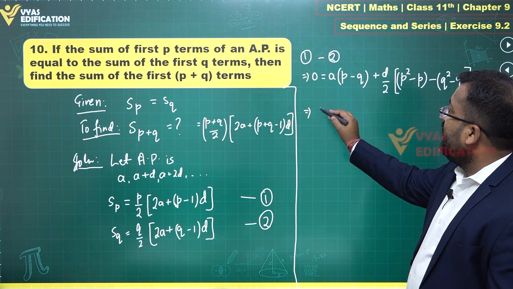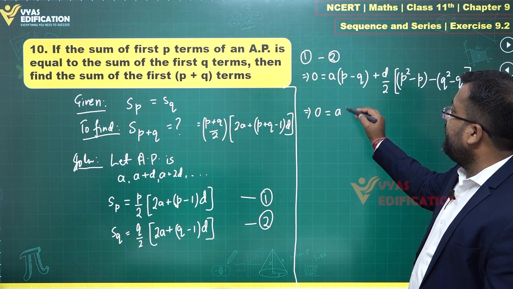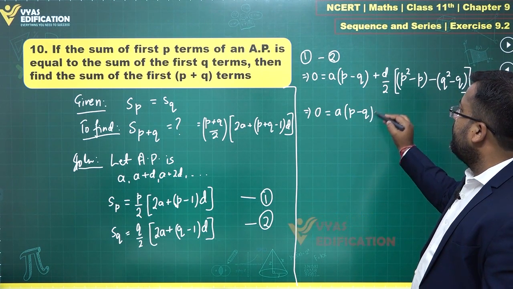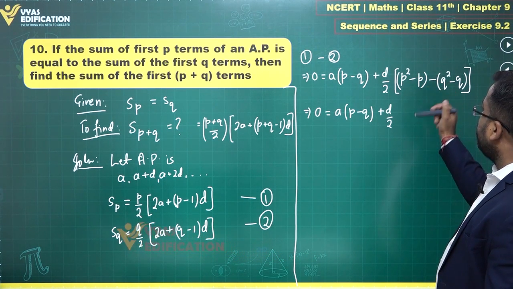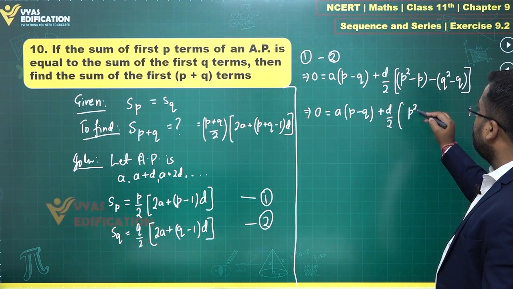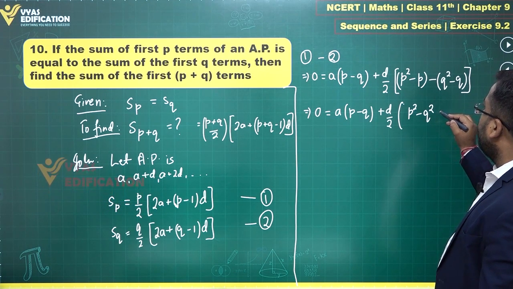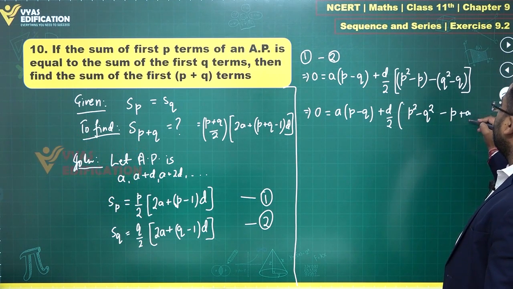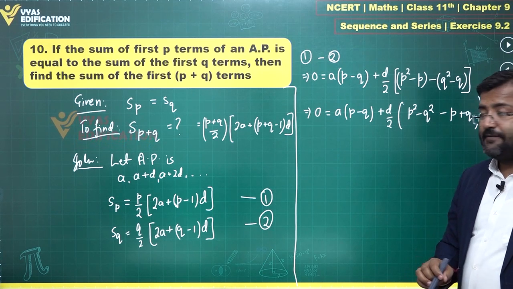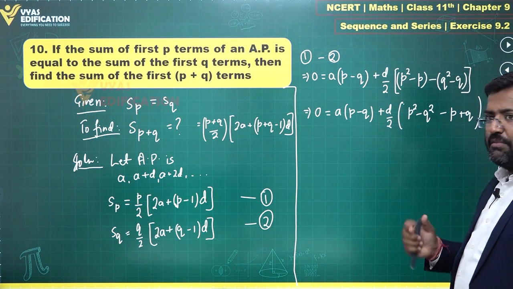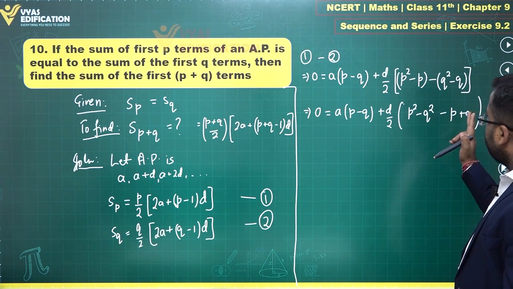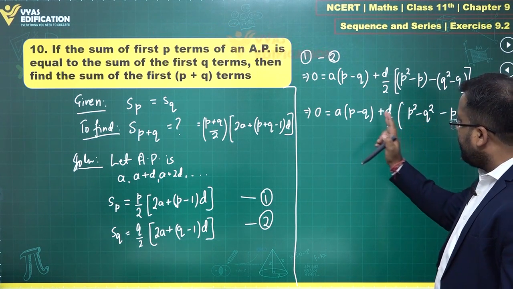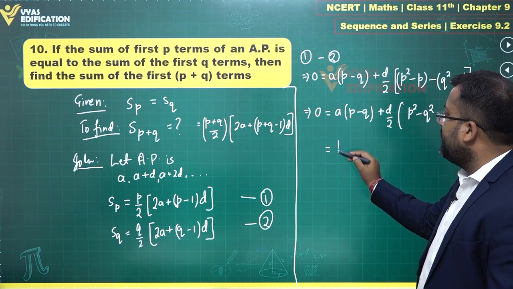Okay. 0 is equal to A times P minus Q plus D by 2, and you observe that P square minus Q square, I can write it as P square minus Q square minus P plus Q in this manner. Yes. This can be factorized as P plus Q, P minus Q, and I can take out a minus common, P minus Q will remain. So P minus Q from here, P minus Q from here, and P minus Q from here can be brought out common.